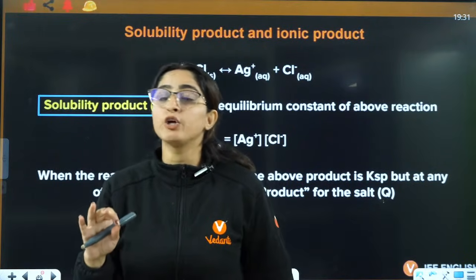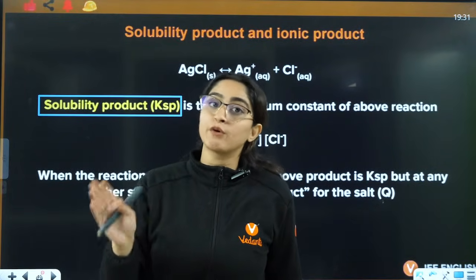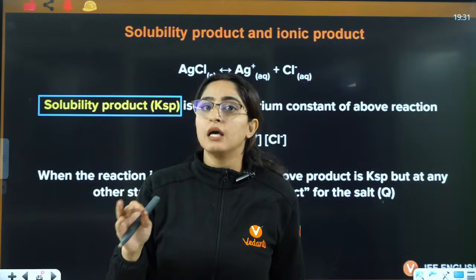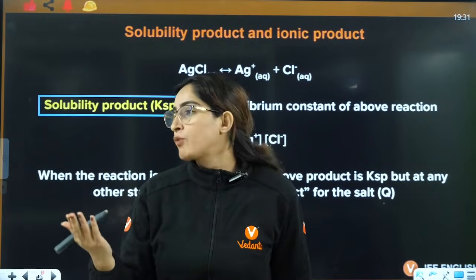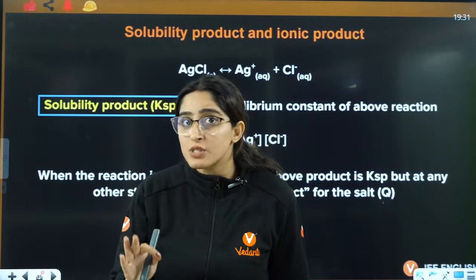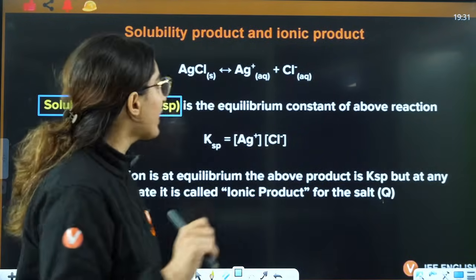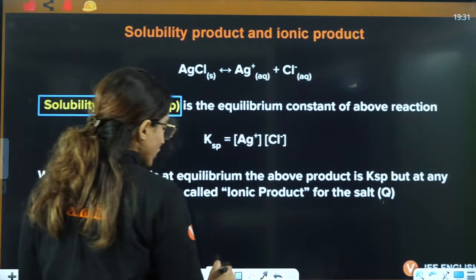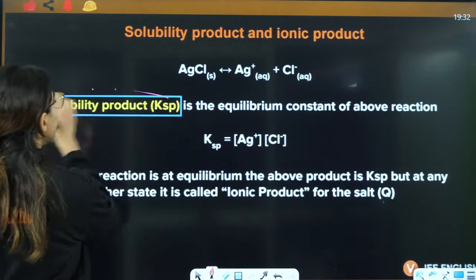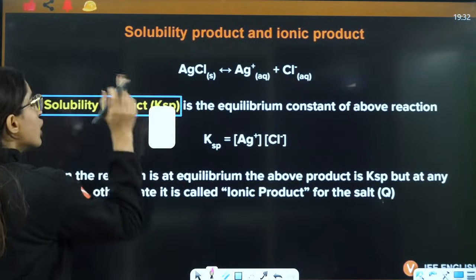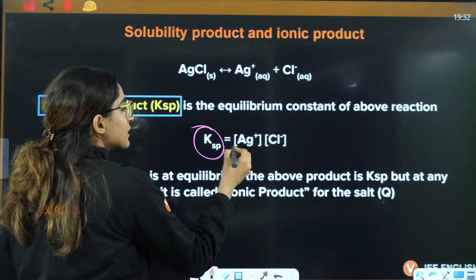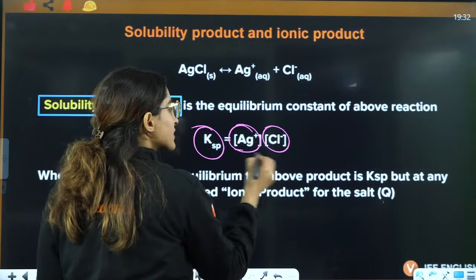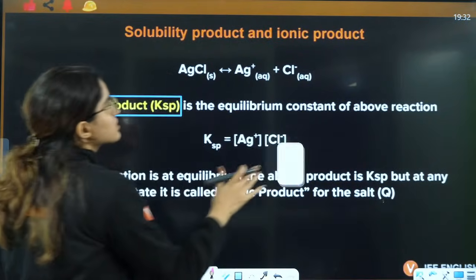Kc is when you put the equilibrium concentrations; when you put any other concentration, that is called Qc. Similarly, solubility product Ksp has Ag positive and Cl negative at equilibrium concentrations.